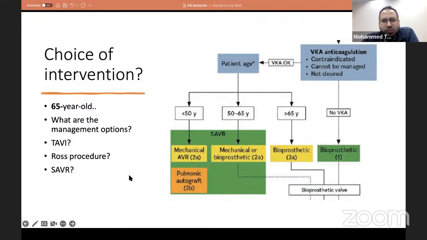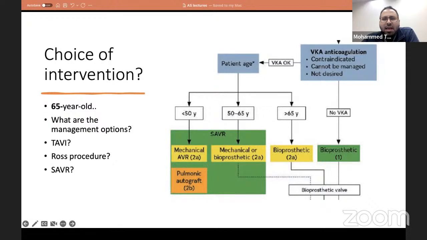The Ross procedure, which is the pulmonary autograft in the aortic position, although we have lots of data from North America about the Ross procedure in young adults, still hasn't made it strongly into the guidelines, and it's still stated as class 2B in a center of expertise. So it's still not that strong.